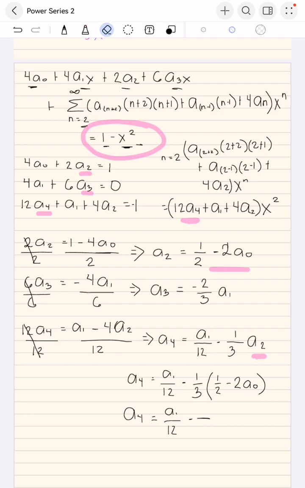This would be 1. Oh my god. Should be 1 over 6 plus 2 over 3 a0. So this is a2, a3, and a4.